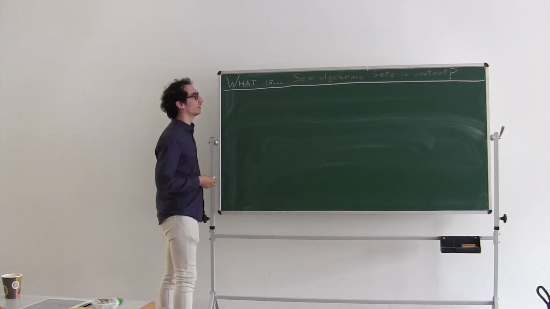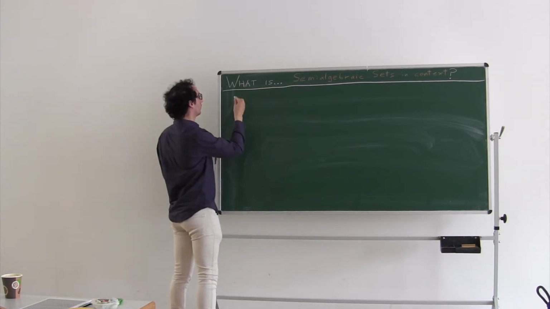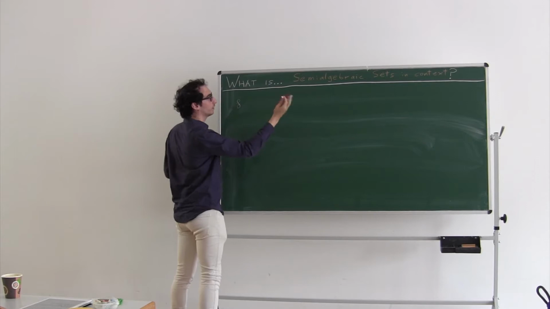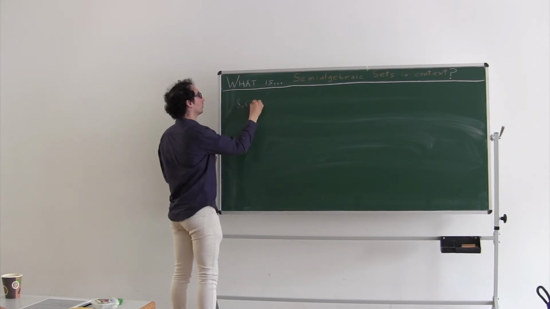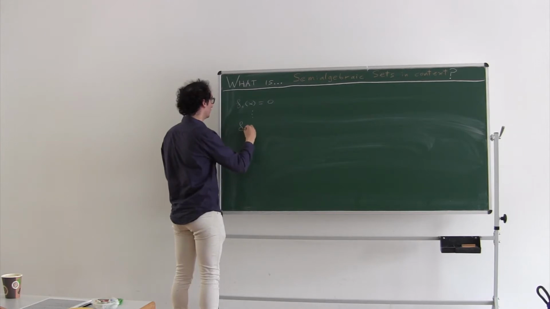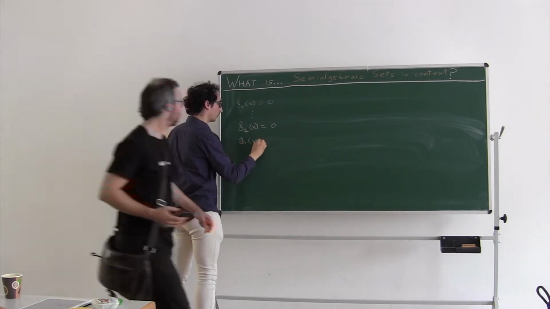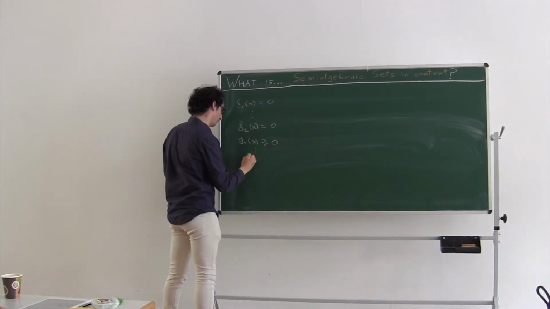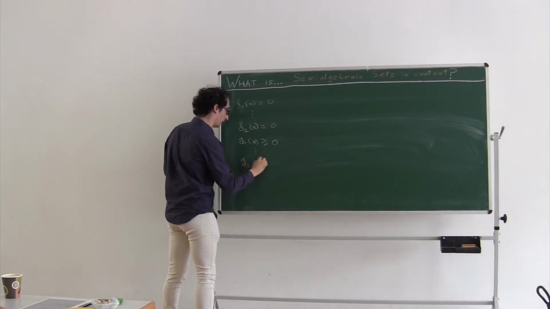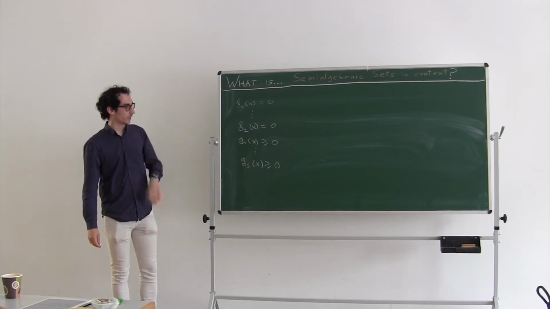Essentially, one way of doing it is you start with some real polynomials f1, ..., fr, and then you have a system of this form: f1(x) = 0, ..., d1(x) ≥ 0, ..., ds(x) ≥ 0. Okay, so this is a semi-algebraic set.